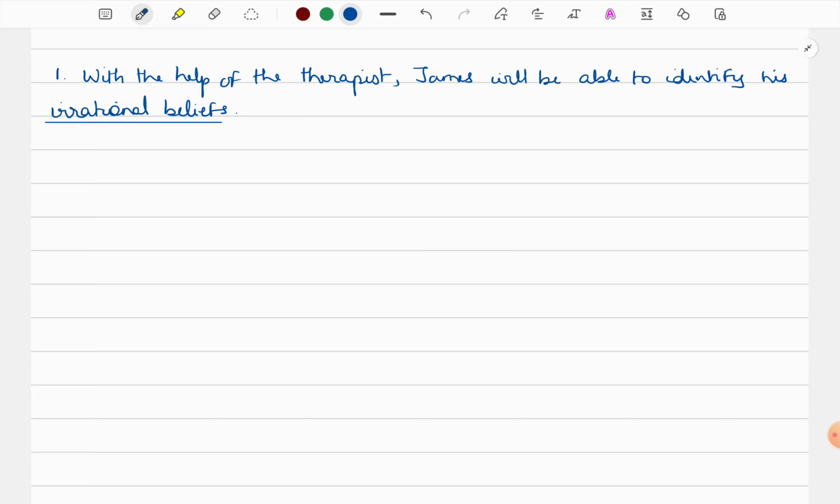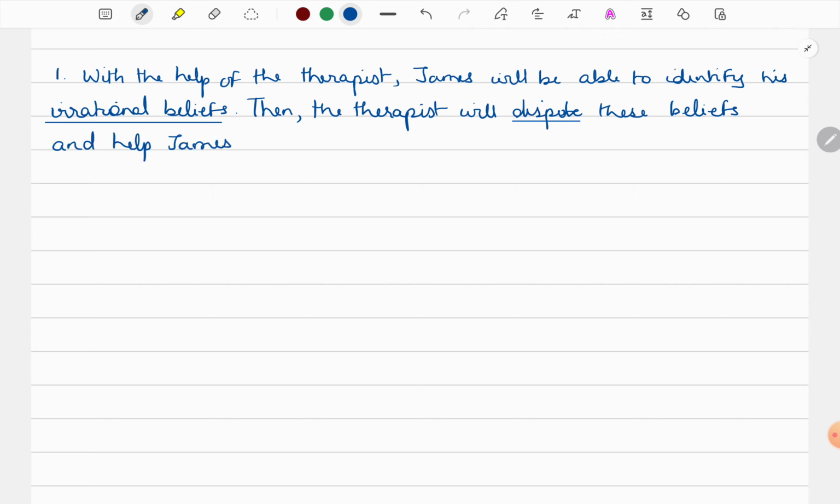Next, we can write, then the therapist will dispute these beliefs and help James formulate more realistic beliefs that he can practice to reduce his distress.